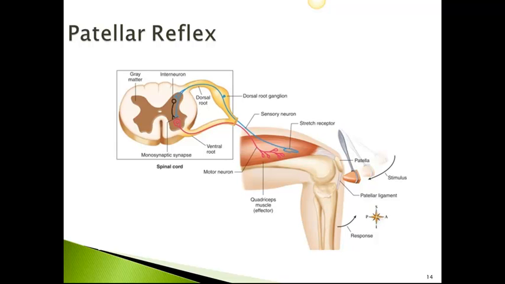So here you can see a two-neuron arc, I should say, in the patellar reflex.